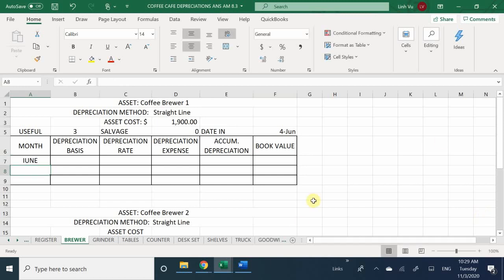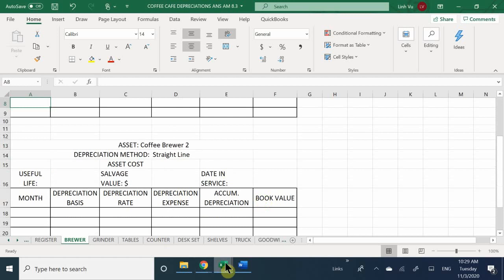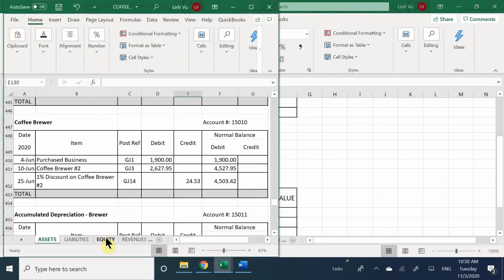All right, so let's go ahead and solve for the second coffee brewer now. What does it say in my general ledger? It's a 1% discount. And then the actual cost, I'm not sure if 2627 already took up the discount.